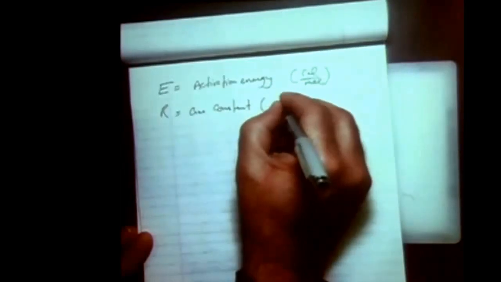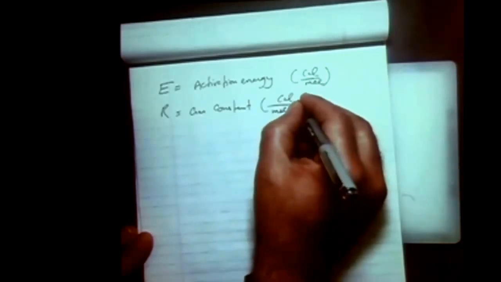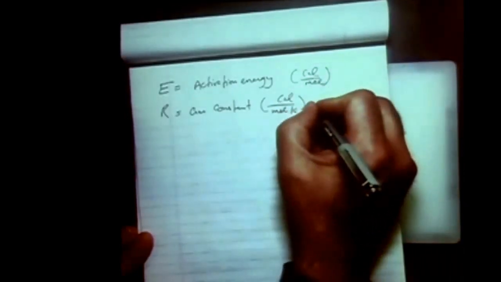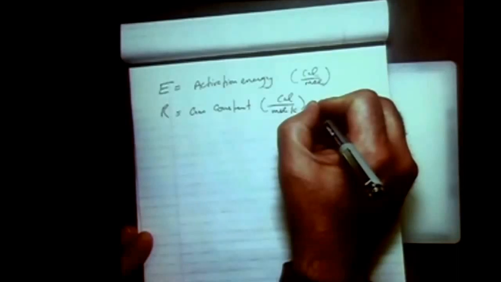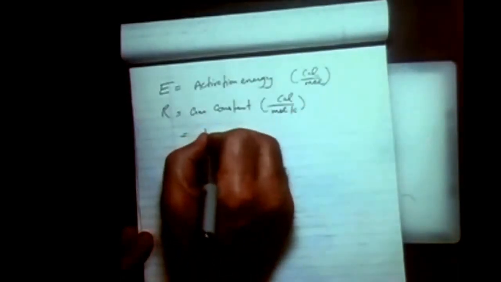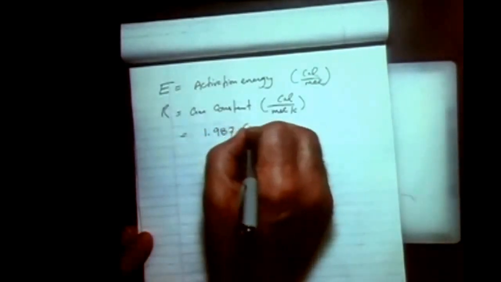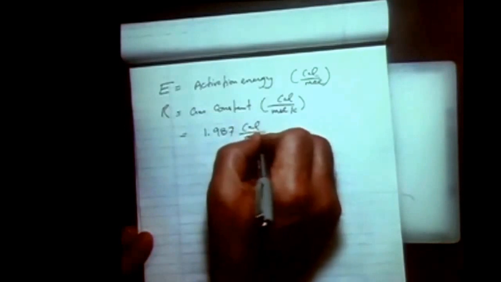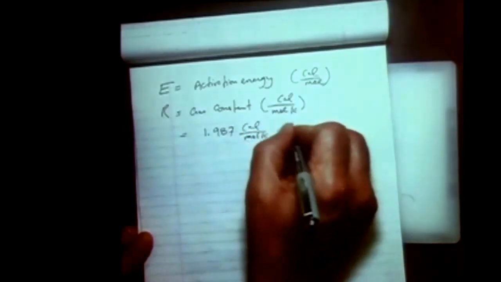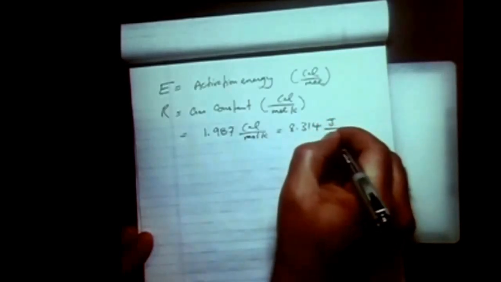And the unit was what? Calorie, mole, temperature in Kelvin. If you look at the number, that would be 1.987 calorie per mole Kelvin, or 8.314 joule per mole Kelvin.